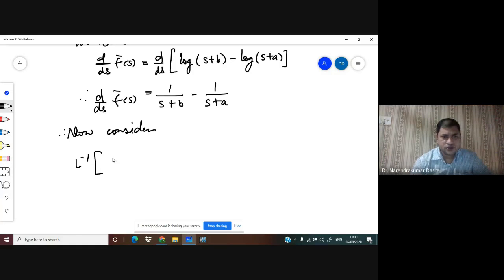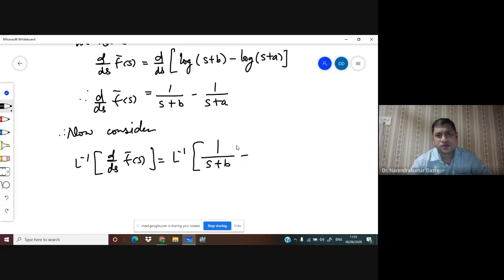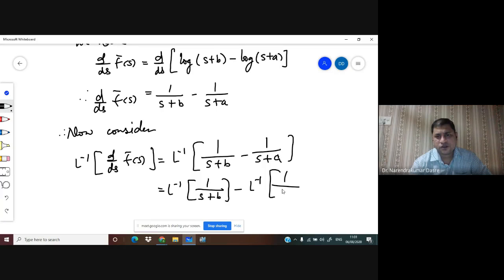So d by ds of f bar of s is equal to Laplace inverse of 1 upon s plus b minus 1 upon s plus a, and using the linearity property we have Laplace inverse of 1 upon s plus b minus Laplace inverse of 1 upon s plus a.